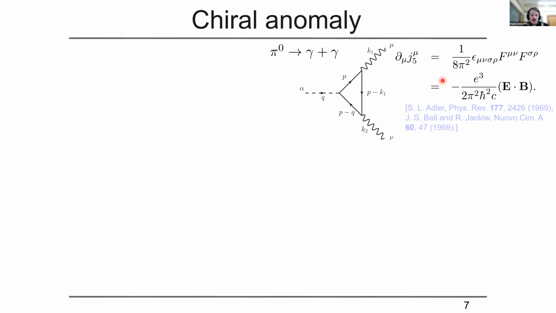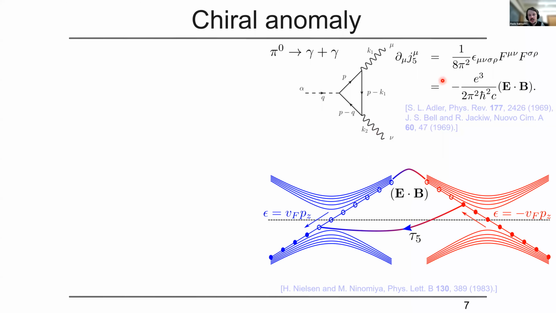This chiral current is essentially the difference between particles of positive chirality and negative chirality. In our case, this would mean that there is a difference between the populations of right-handed nodes, let's say nodes with a positive topological charge, and left-handed nodes.